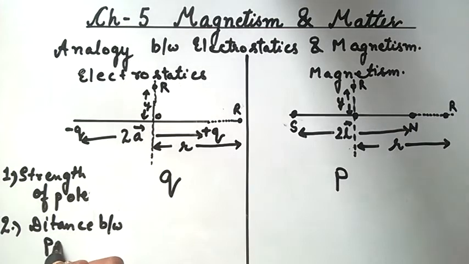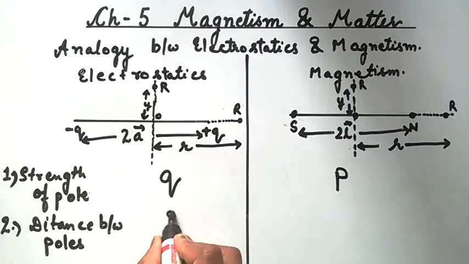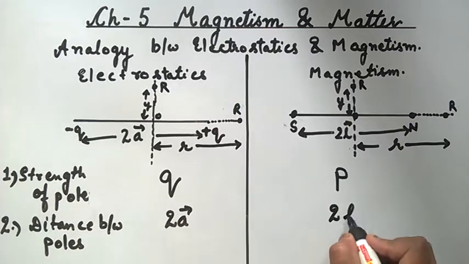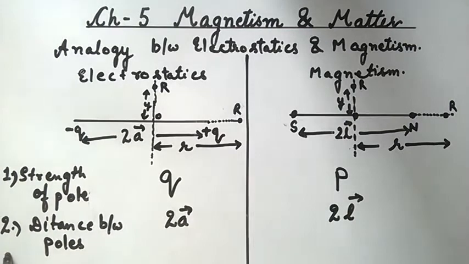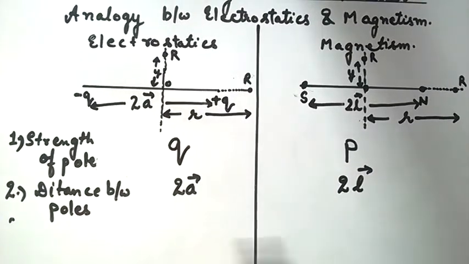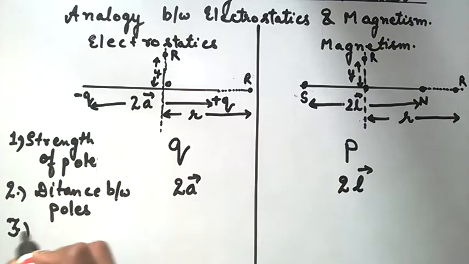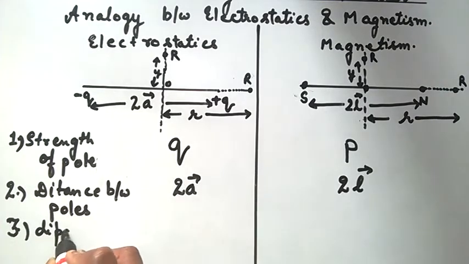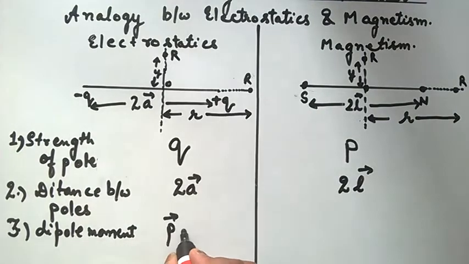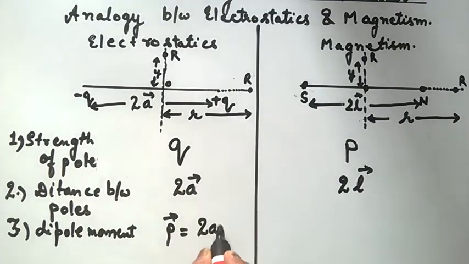Distance between poles is here 2a and here it is 2L. Now the dipole moment in electric field is given as P vector equal to the effective length and either of the charges.